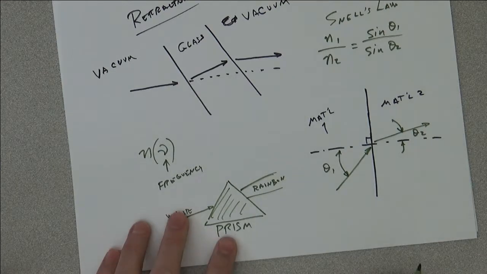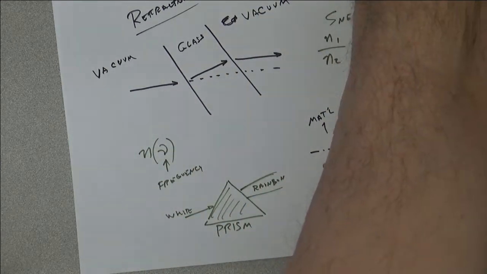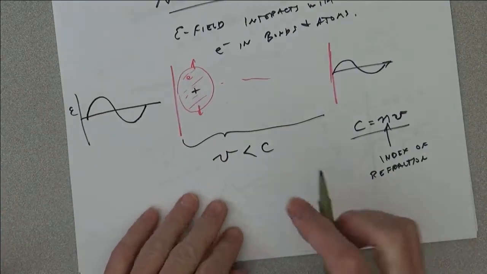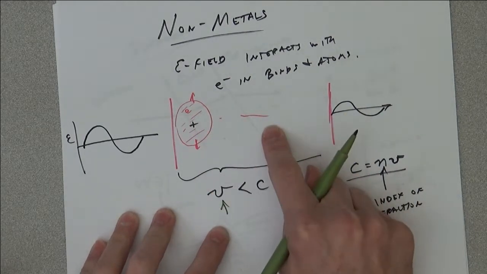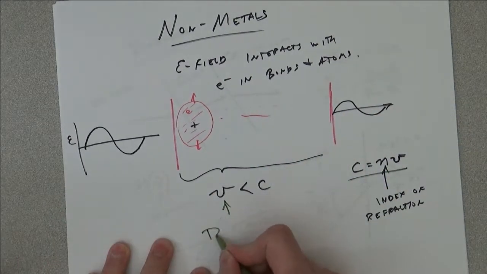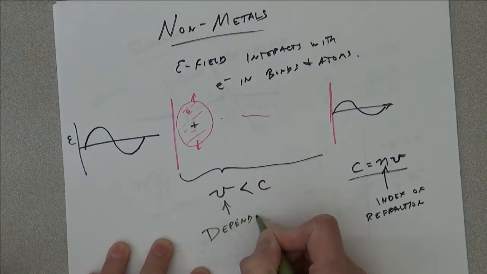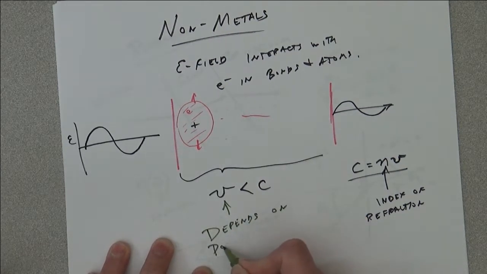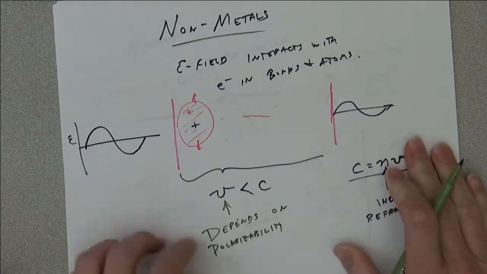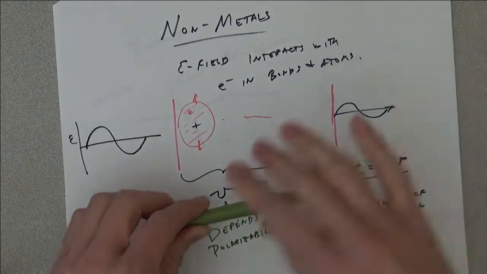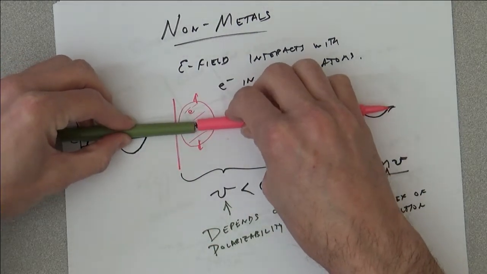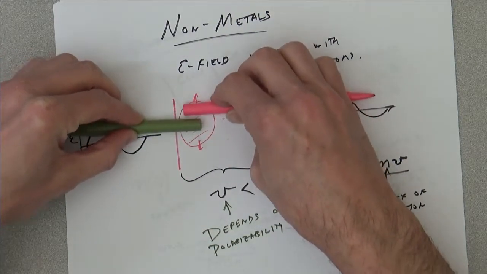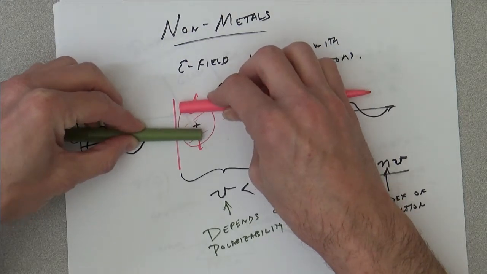It should also be pointed out that this velocity is going to depend strongly on the polarizability of the material. If you want to imagine, say, the difference between the positive and the negative centers of charge as being attached by some spring, that essentially is telling us about the polarizability.